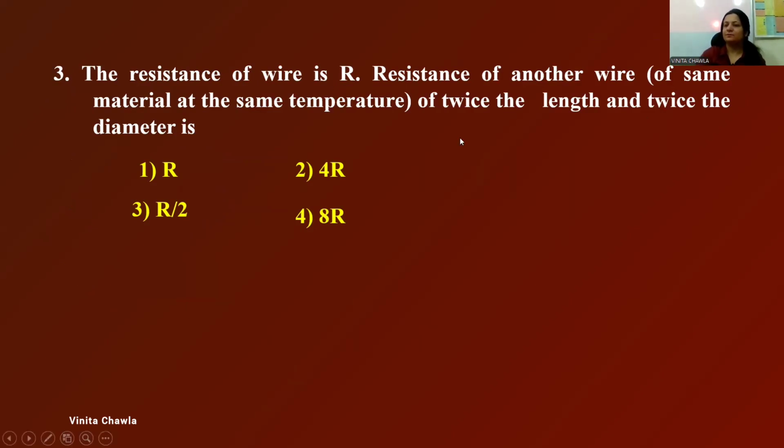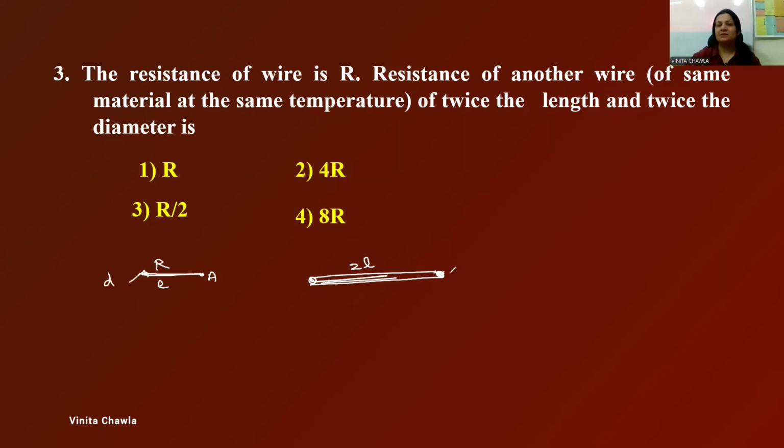Now we have a wire of resistance R. Its length is L, area of cross section is A. Now we have another wire of twice the length and twice the diameter. So its diameter is D and its diameter is, let's say, 2D. Then we have to find resistance of the new wire. Let's take this resistance as R dash.